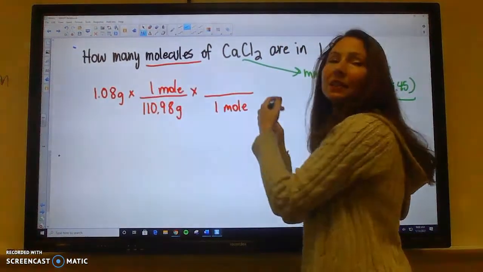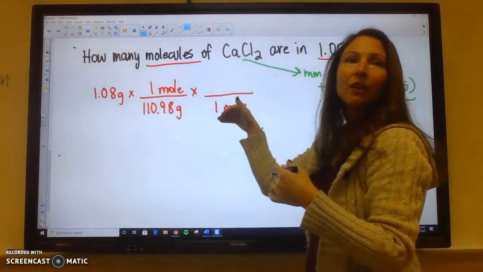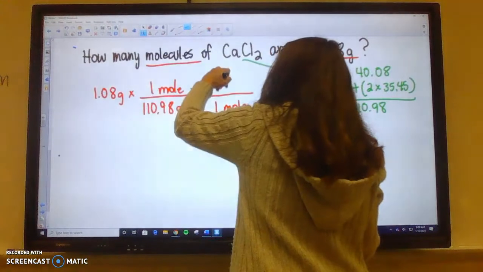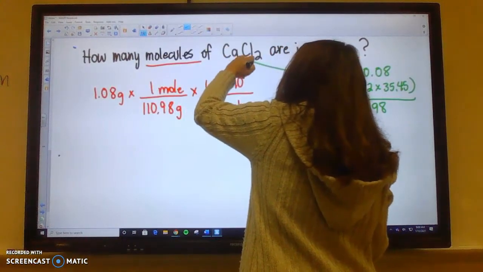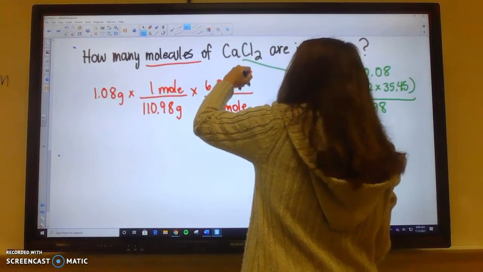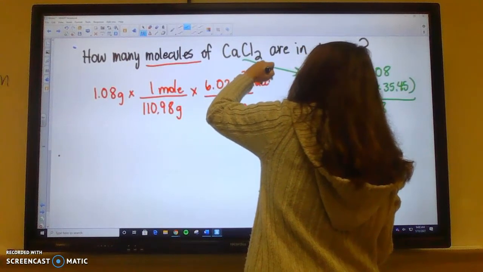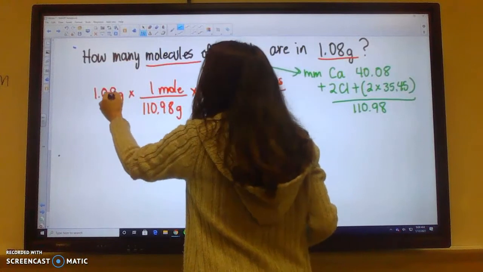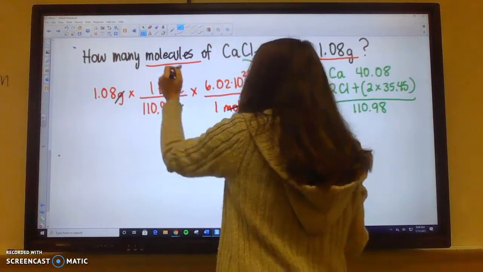We have to have the same unit in the denominator as what we had in the numerator before. We don't have to put Avogadro's number in parentheses here, but it would not give you the wrong answer if you did that.